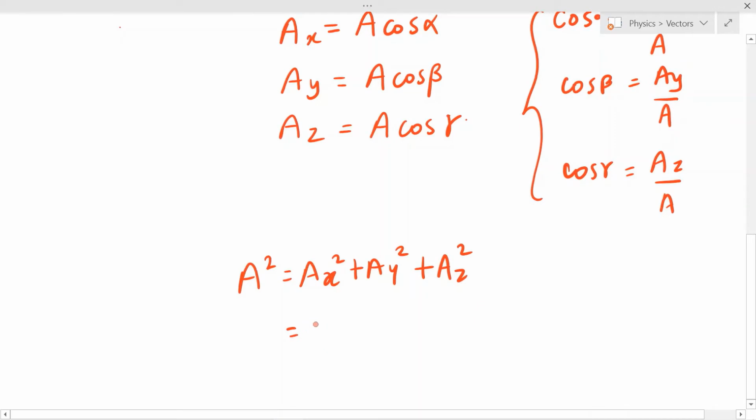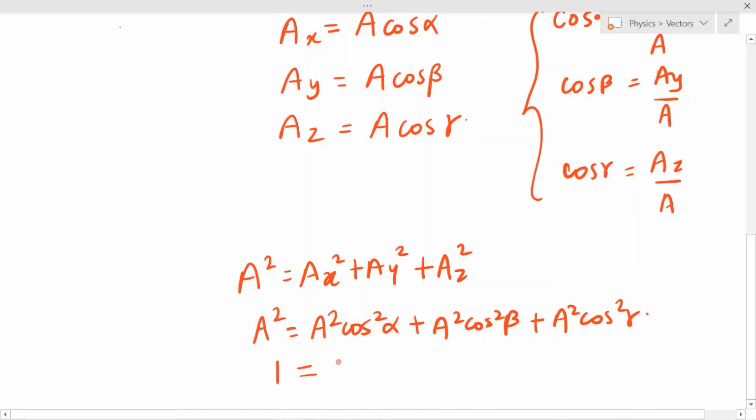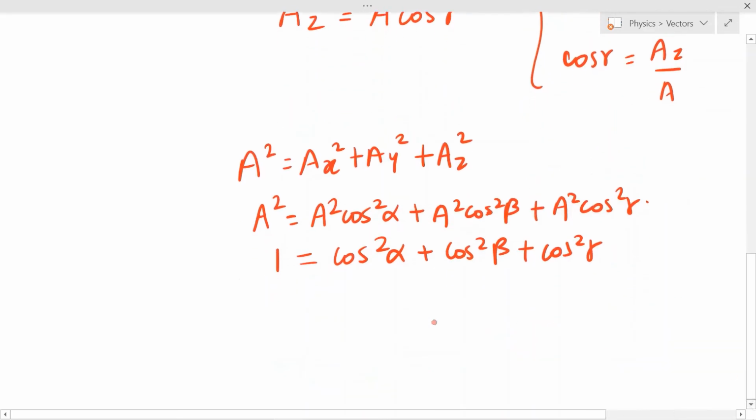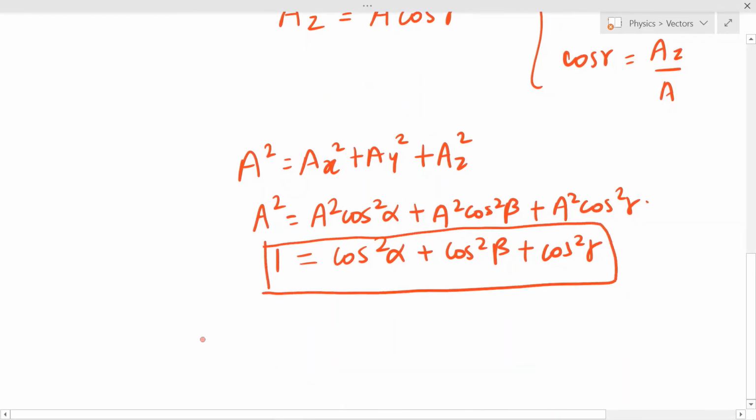So this is equal to A square cos square alpha plus A square cos square beta plus A square cos square gamma. So this is equal to A square. Now I can divide A square on both the sides. So this becomes 1 is equal to cos square alpha plus cos square beta plus cos square gamma. So the sum of the squares of the direction cosines is equal to 1.